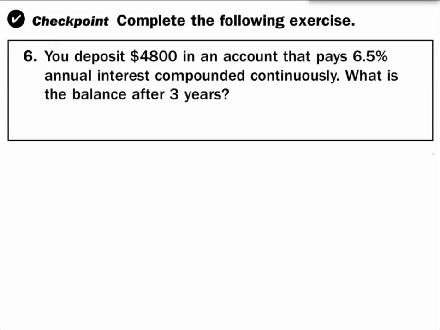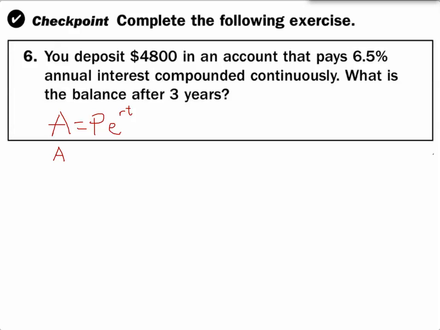Finally, we have a checkpoint based on the same thing. You deposit $4,800 in an account that pays 6.5% annual interest, compounded continuously. What is the balance after 3 years? Okay, well, we know the formula, which is A equals the principal times E to the RT. And so we'll go ahead and substitute in the amounts we have.